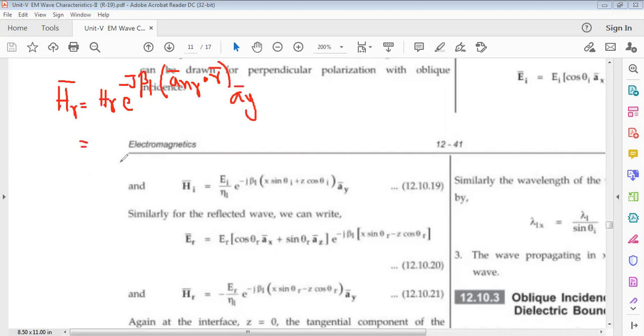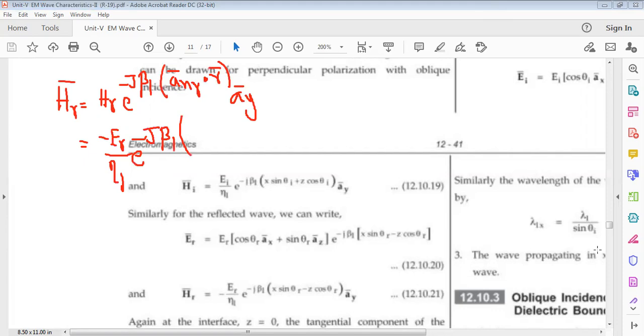That is, H_r bar is in the reverse direction, so minus E_r by eta 1 into e power minus j beta 1. What is a_nr bar?